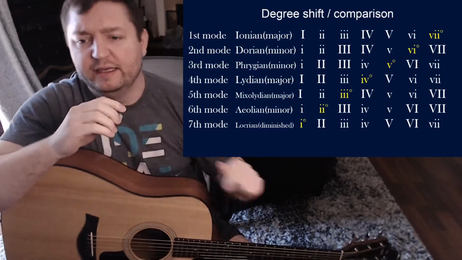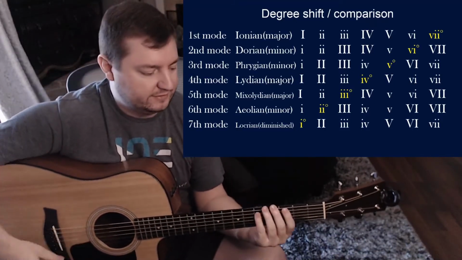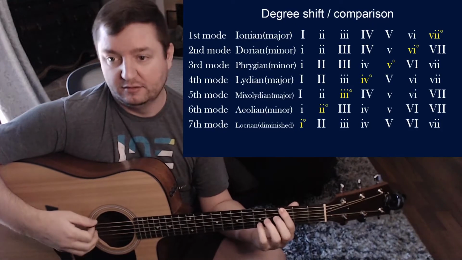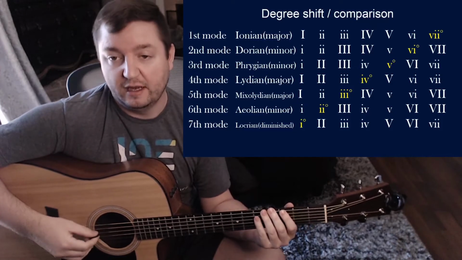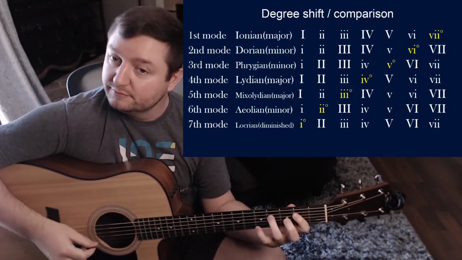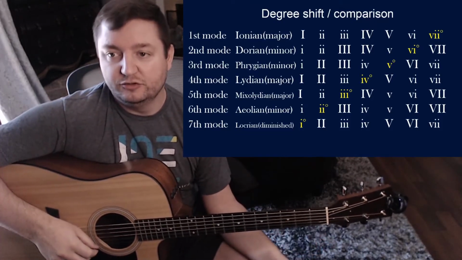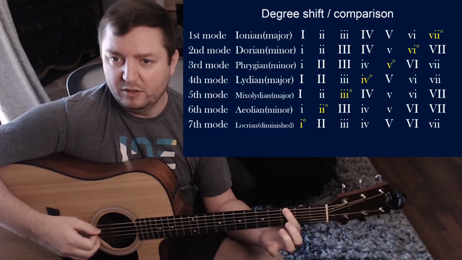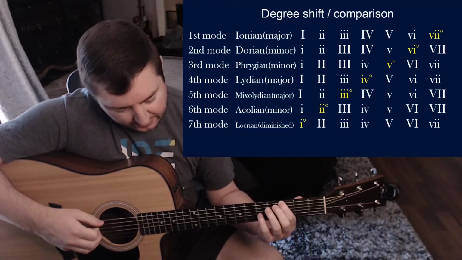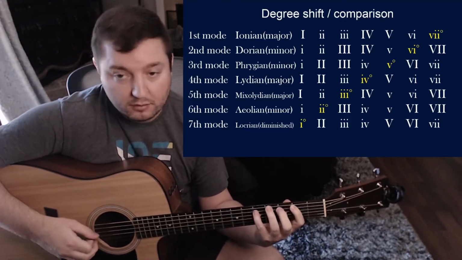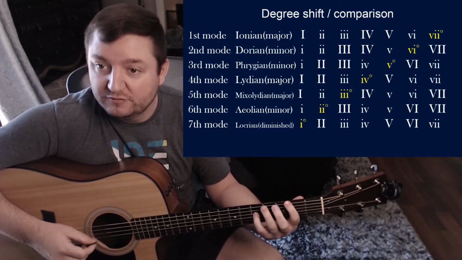Try to remember that. If I apply it to the guitar, it kind of looks like this. If we did G major, or I'm sorry, let me take the octave out. That's Ionian. If we took that 1 and moved it all the way down, it becomes the last one for Dorian.